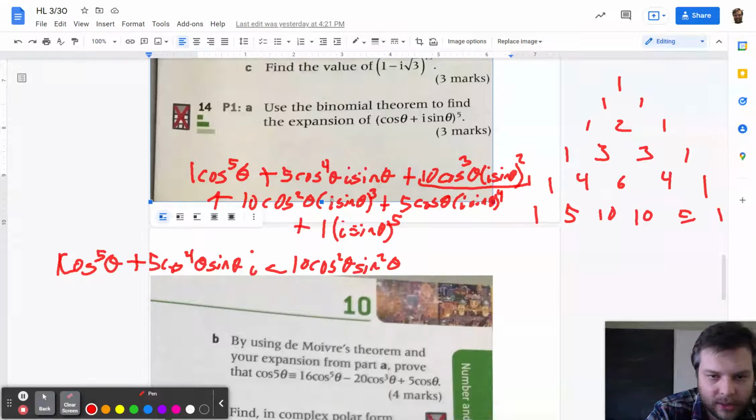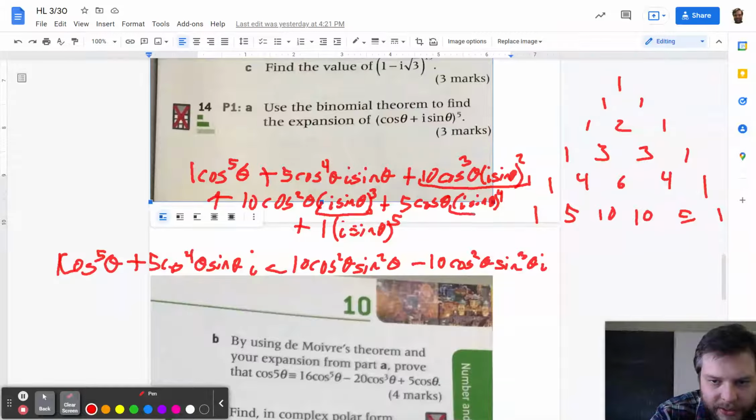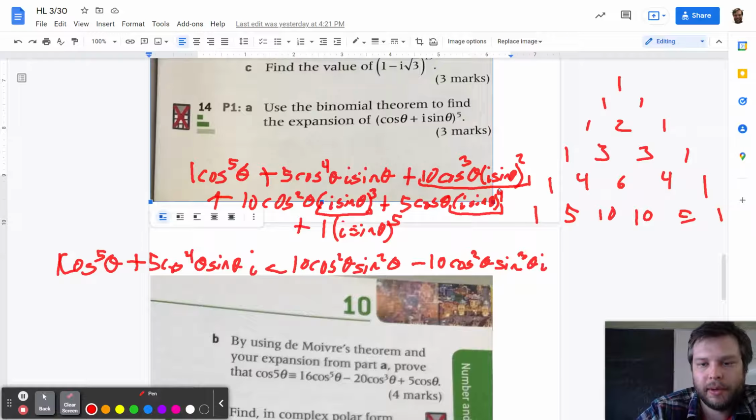And then the next one here, the i is raised to the third power, so that's a negative i. So I'll stick a -10 cosine squared theta sine cubed theta i.